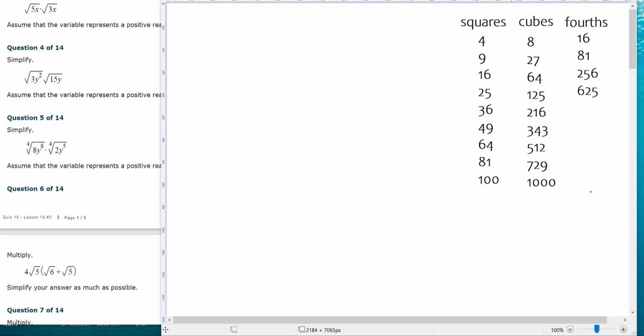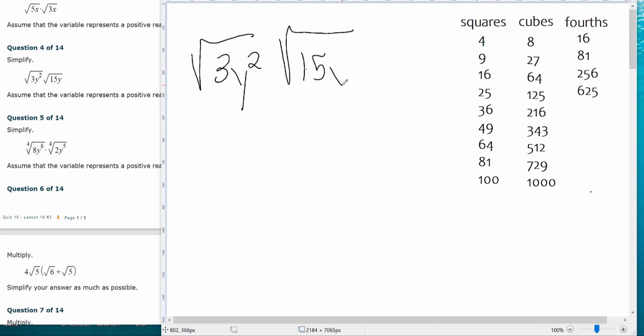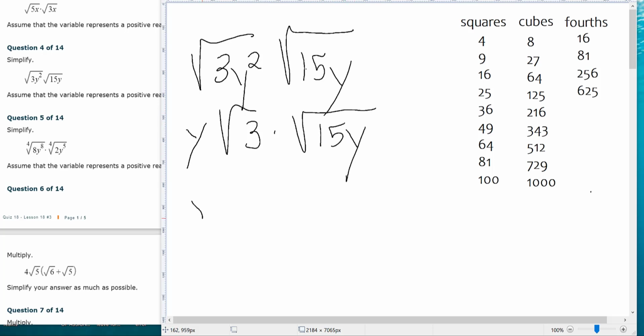Number 4, the square root of 3y squared times the square root of 15y. Now I can go ahead and take the square root of y squared. That's going to be y times the square root of 3 times the square root of 15y. And now I will multiply inside times inside, 45y.